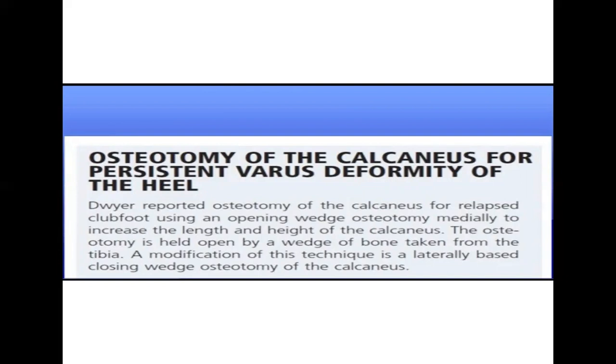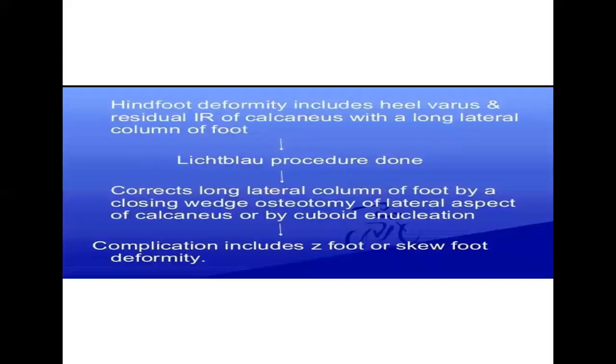Dwyer reported osteotomy of the calcaneus for relapsed clubfoot using an opening wedge osteotomy medially to increase the length and height of the calcaneus. The osteotomy is held open by a wedge of bone taken from the tibia. A modification of this technique is the laterally based closing wedge osteotomy of the calcaneus.